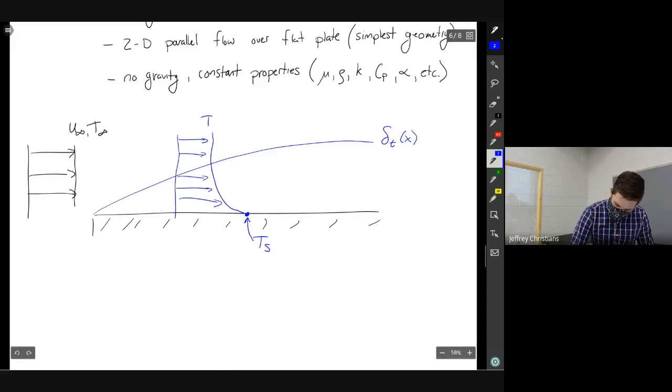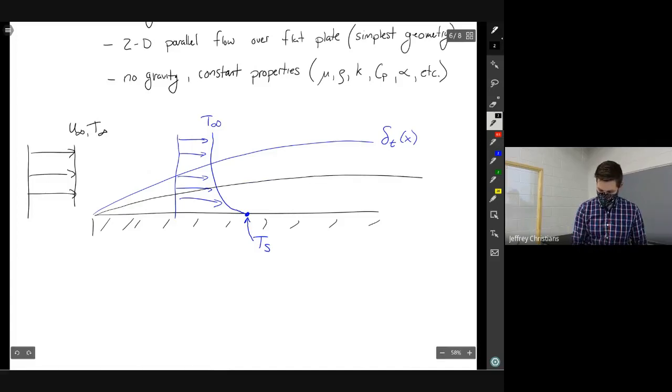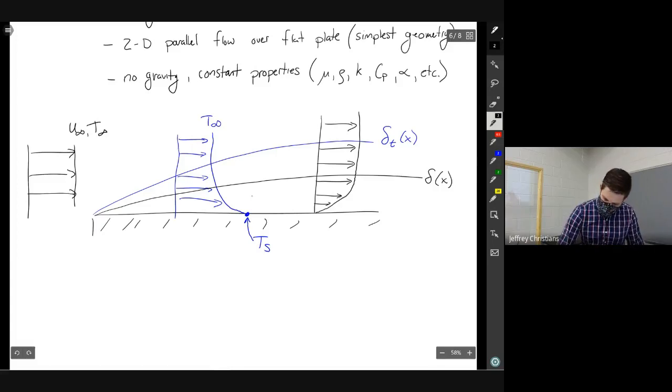That's T infinity. If we looked at some point at the velocity boundary layer, that maybe changes like this. So this is delta of x. This is U infinity.